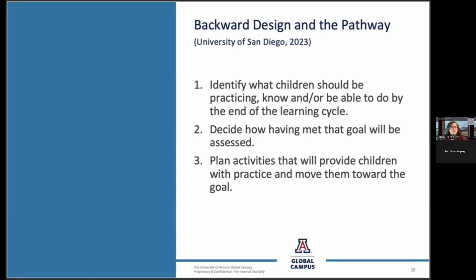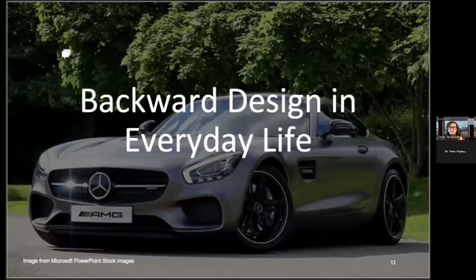If people have spent years starting with, I'm going to pick out a plan, I'm going to pick out an activity that matches my teaching topic, it can feel very strange to them to use this backward design process. But I'm going to propose to you that you and I, as adults, use backward design in everyday life.